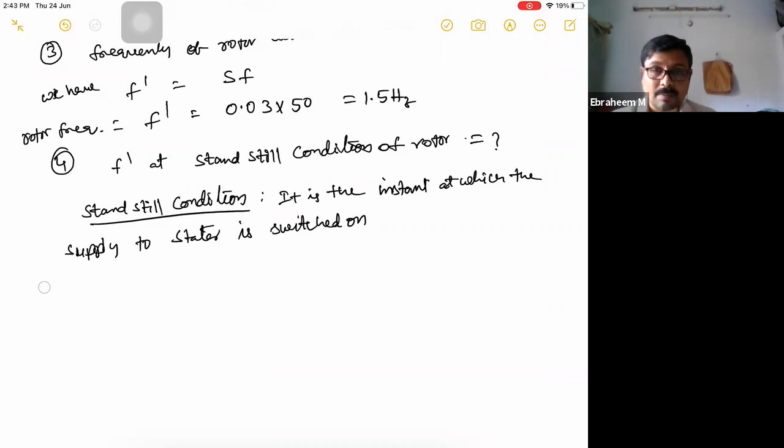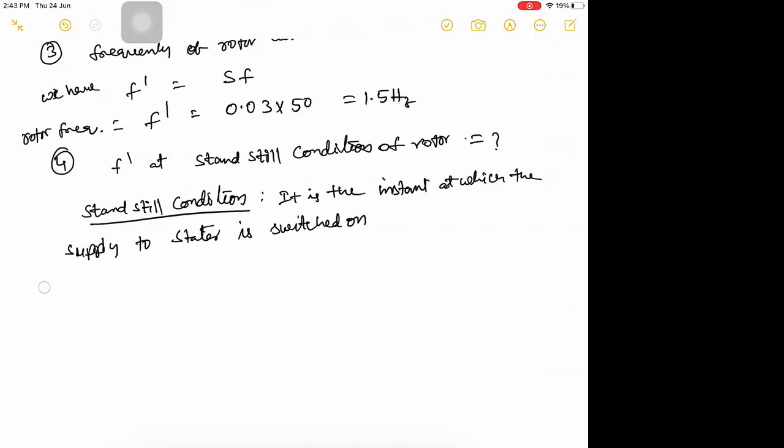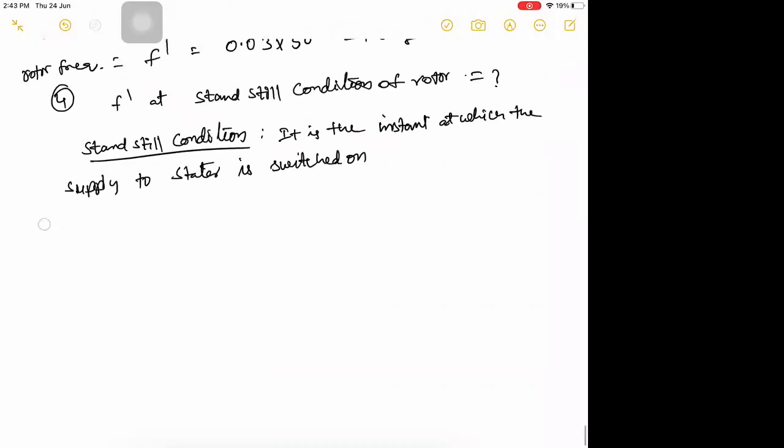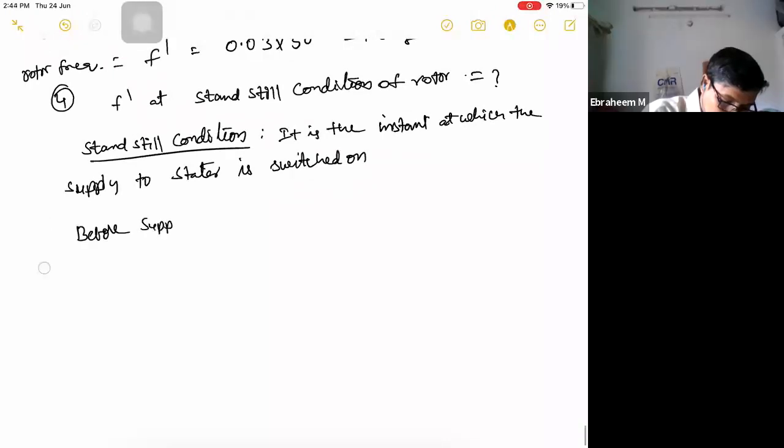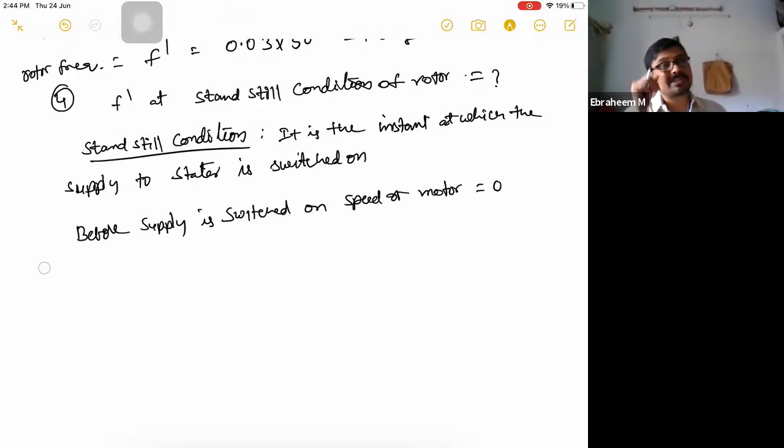So before the supply is given to the motor, how much is the speed of the motor? 0, sir. 0, right? Before supply is switched on, speed of motor is equal to 0.